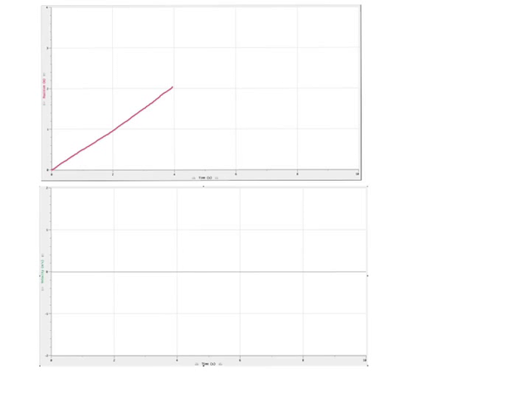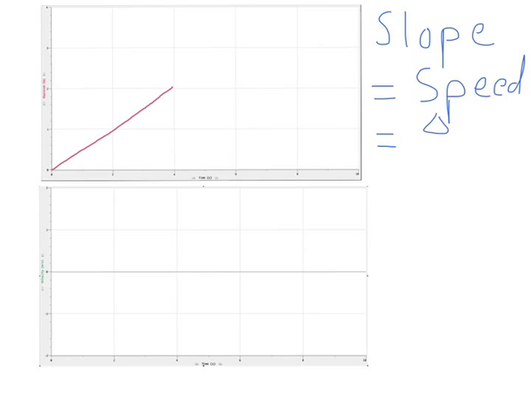So I would write down the slope, which is my speed, is rise over run, or change in the y-axis over change in the x-axis. So the y-axis, I changed 2 meters. So I went 2 meters, and I did that in 4 seconds.